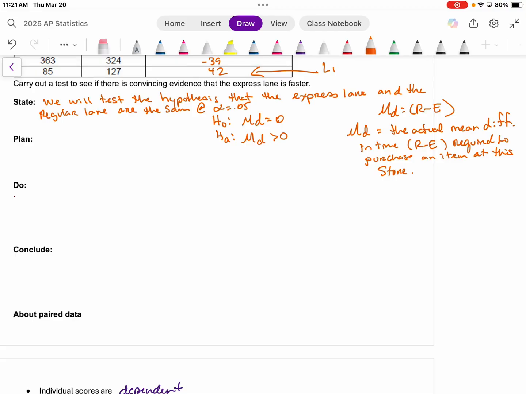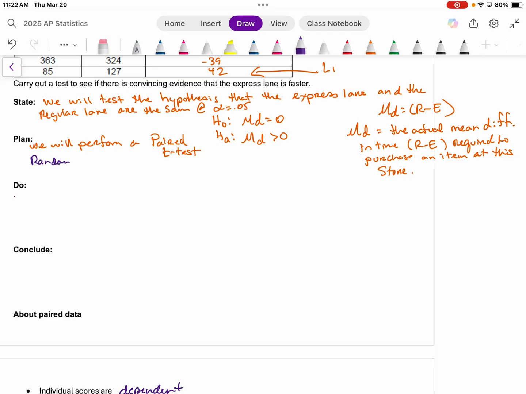And here's where the little difference is when we talk about our plan. We're going to state here, we will perform a paired t-test if conditions are met. So for random, I didn't leave enough room here.